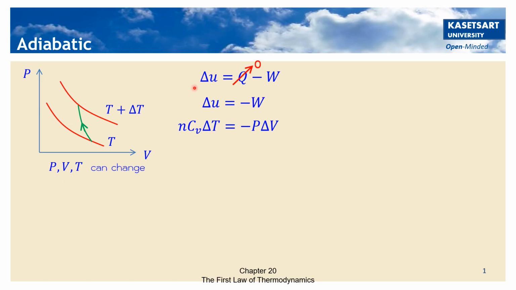Then from the equation, delta U equal to Q minus W. But for the adiabatic, you have an insulated system, so no heat exchange.